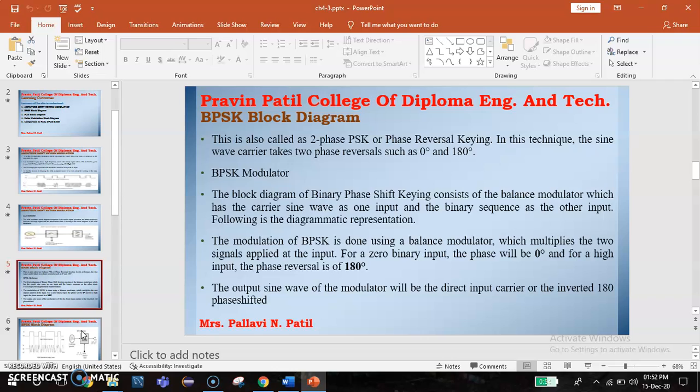In this technique, the sine wave carrier takes two phases, with phase reversal such as 0 degree and 180 degree. The digital information from the source may be a unipolar NRZ data which varies between the values 1 and 0. The digital signal from the information source is a unipolar NRZ signal.